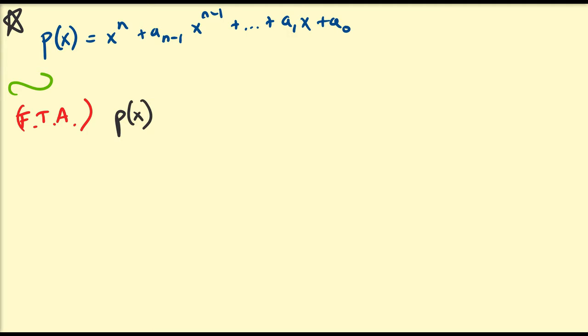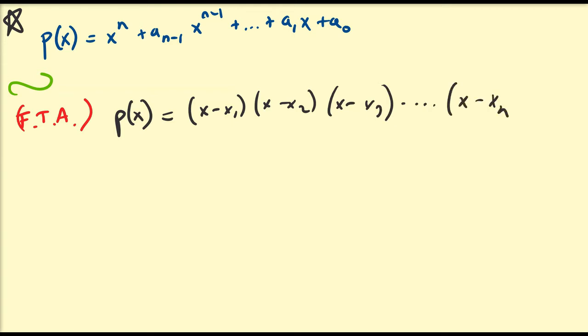In particular, there are numbers x1, x2, x3, all the way up to xn in the set of complex numbers, such that this polynomial factors into x minus x1, x minus x2, x minus x3, all the way down to x minus xn. Let us assume that we expand this product expression using the distributive property.